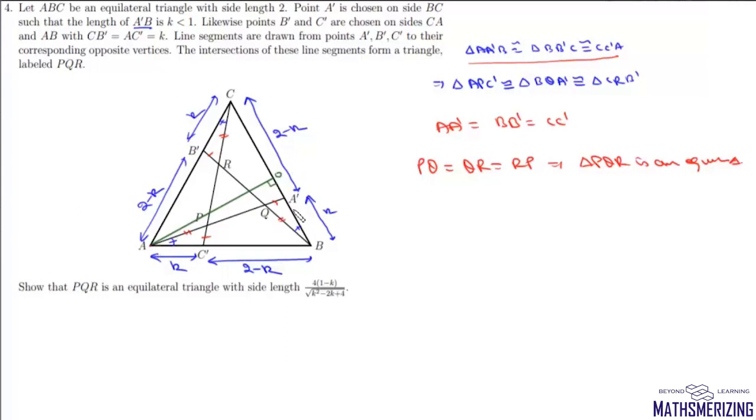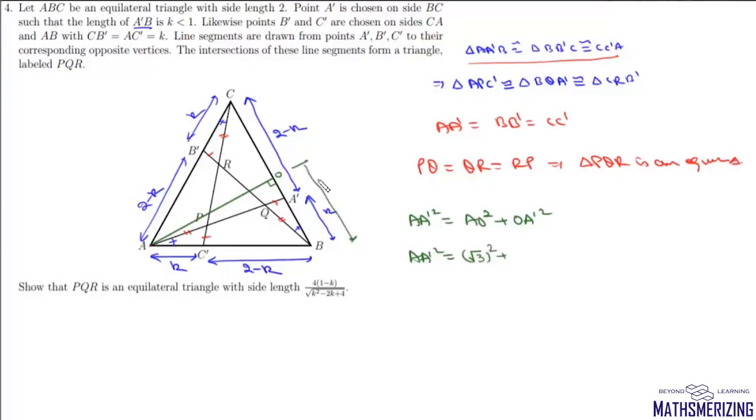Now we can write AA' square is equal to AO square plus OA' square. Now AO is the altitude of this equilateral triangle. This angle is 60 and the side length is 2. So 2 sine 60 is root 3. So it will be simply root 3 square, plus OA'.